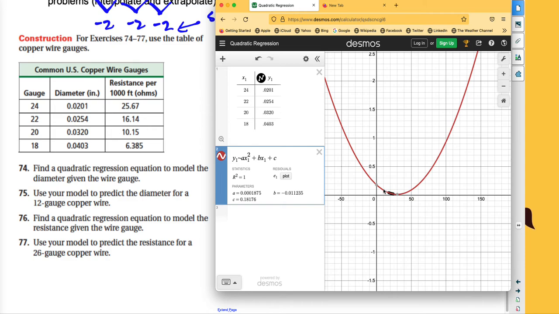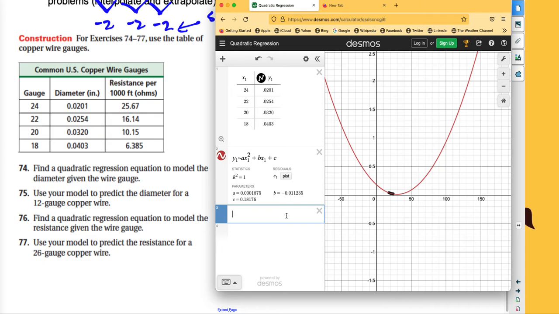I just felt like a lot of you would probably prefer to. Our answer is the y value of the number given. You know what? How about I just type it into Desmos to show you that way?